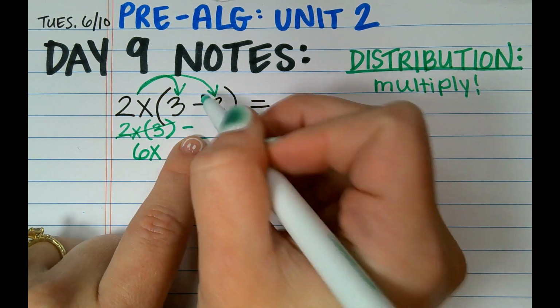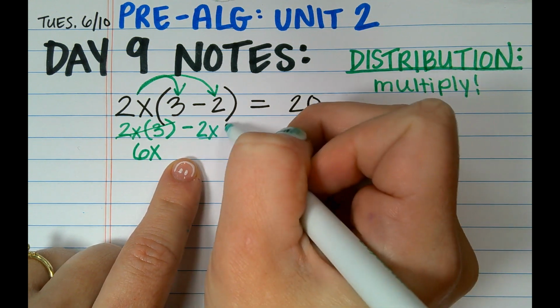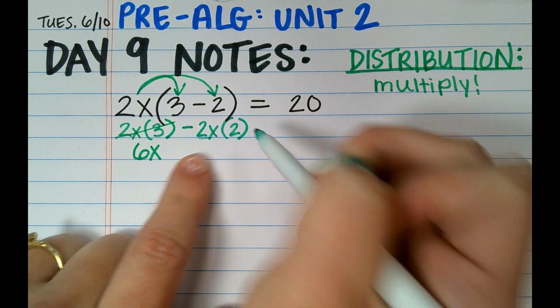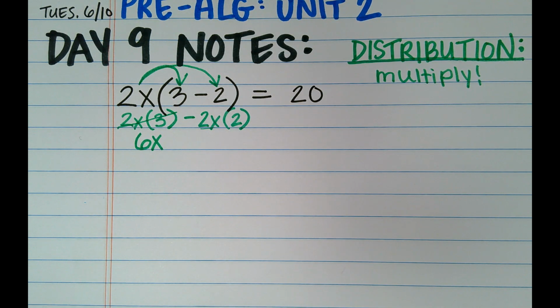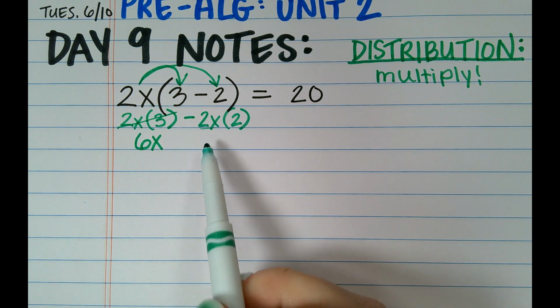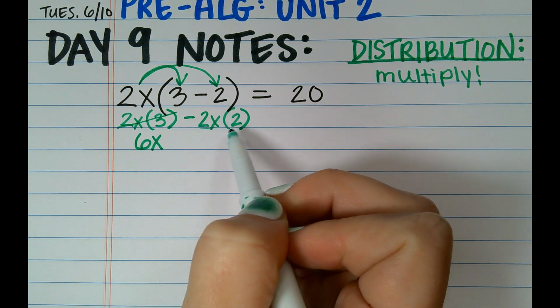Now don't lose your minus. So now I have minus 2x times 2. 2 times 2 is 4.